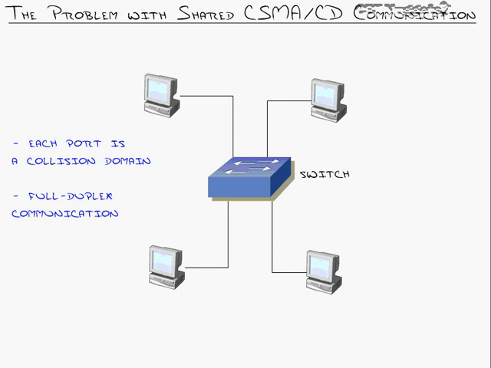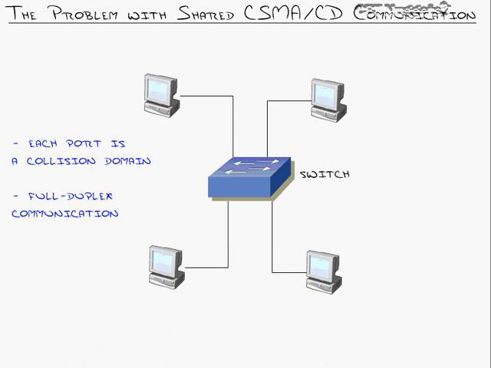So that was where the final solution came out, our switches. Switches, first off, split each port into its own collision domain. This is why I nearly had a heart attack at the retail store that shall remain nameless when the guy said, oh, there's no real difference between a hub and a switch, other than the cosmetics.